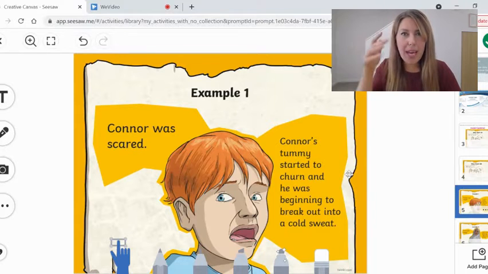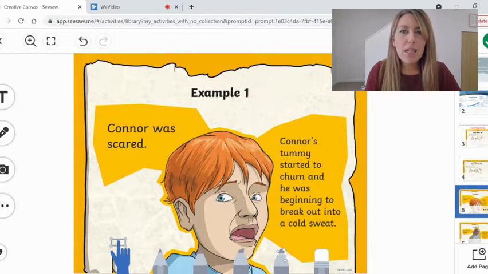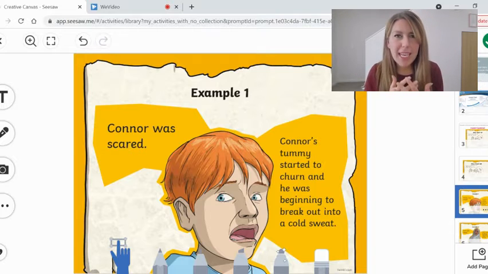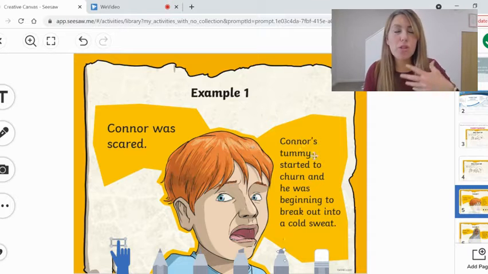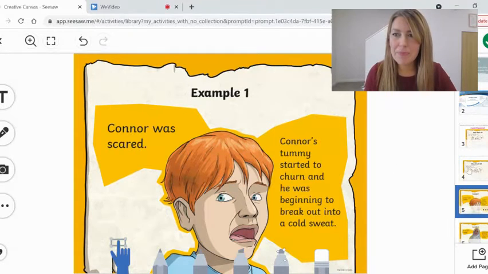The words that you paint and the picture that the person reading it creates lets them know how Connor was feeling, and it's a lot more interesting to read. Connor's tummy started to churn, and he was beginning to break out into a cold sweat. Now, we know all those things point towards him being scared, so you're showing rather than telling.